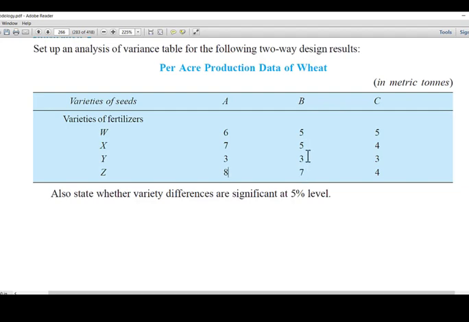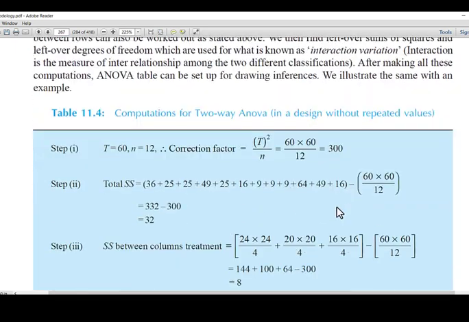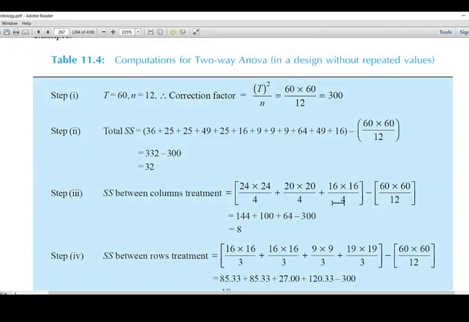So 20 square by 4. And 5 plus 4 plus 3 plus 4, 16. That is 16 square by 4. So minus this correction factor, that is 300. When we do that, we have got 8. So SS between columns treatment is 8.